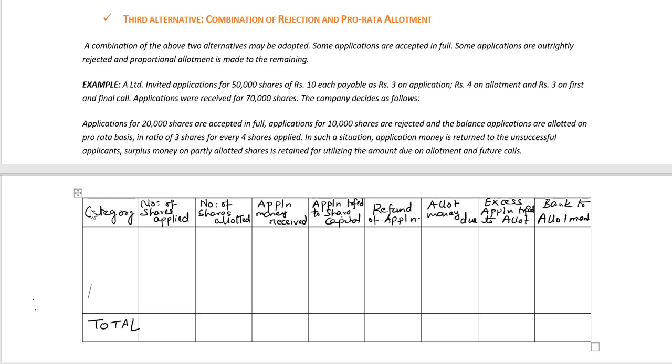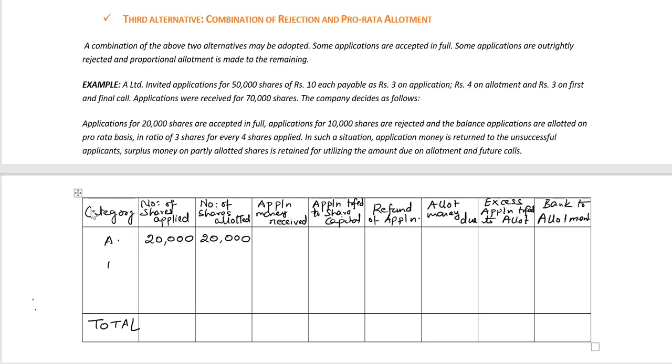Let's begin with category A. It says applications for 20,000 shares are accepted in full. So in this category, number of shares applied is 20,000 and the number of shares allotted is also 20,000 shares.